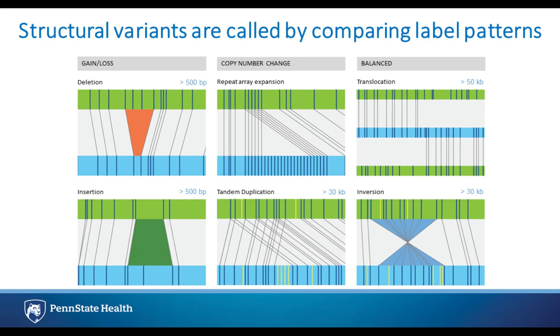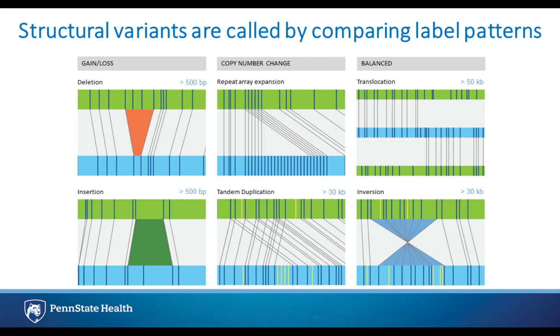This is a little closer view of how the structural variants are called by comparing the label patterns. And you can see, for example, on the top left, how a deletion looks. So you see there's banding on the green human reference, and then compared to the cancer sample, for example, in blue, there's a region there that's now missing. And so that's where the deletion has occurred.